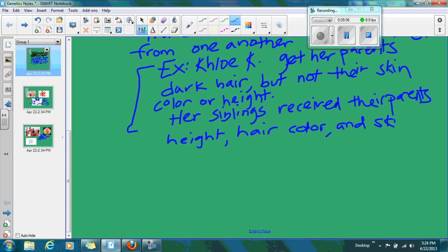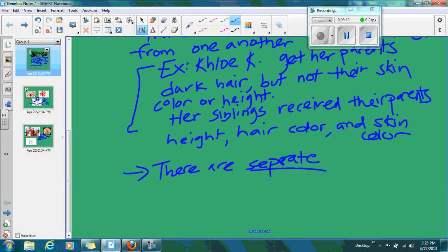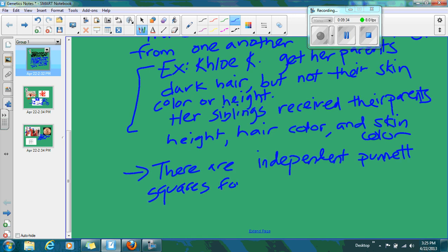Basically, what this shows us is there are separate Punnett squares. Separate or independent is a better word. There are independent Punnett squares for every gene.